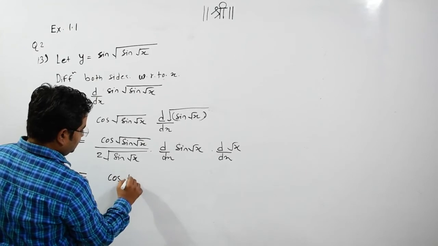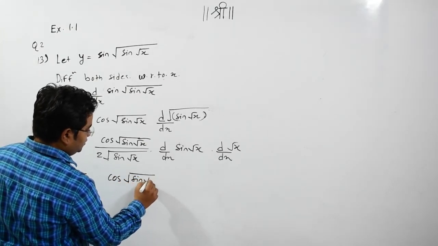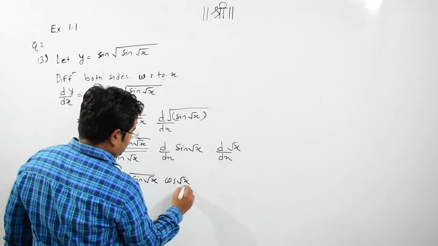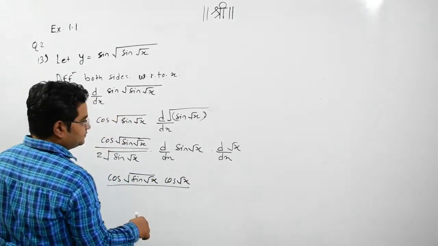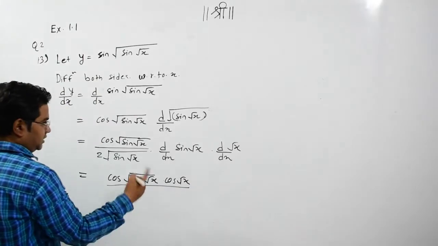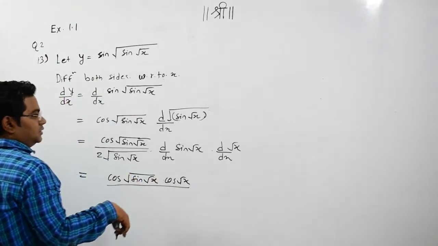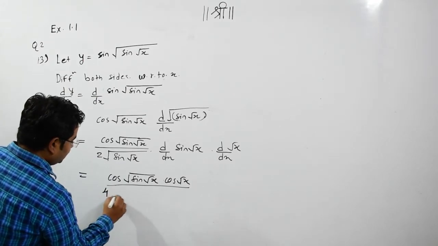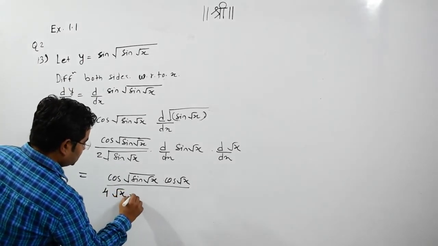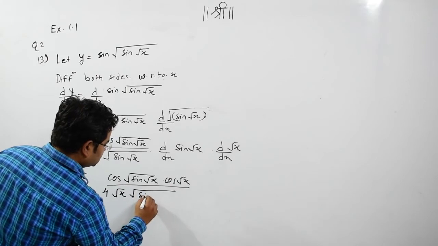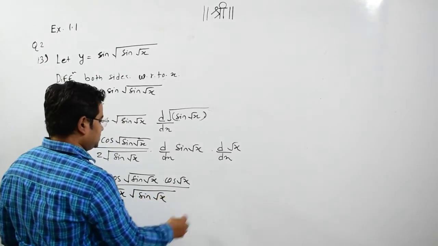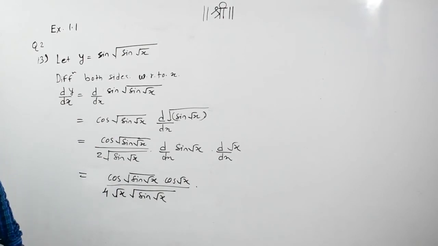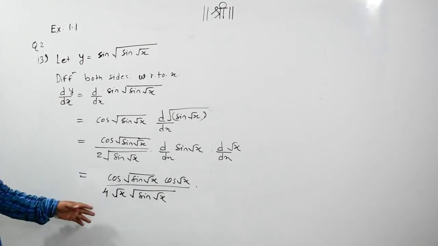So cos of under root of sine under root of x into cos under root of x divided by, again, 2 under root of x. Therefore it will be 4 under root of x under root of sine under root of x. Hope I am clear with this question.